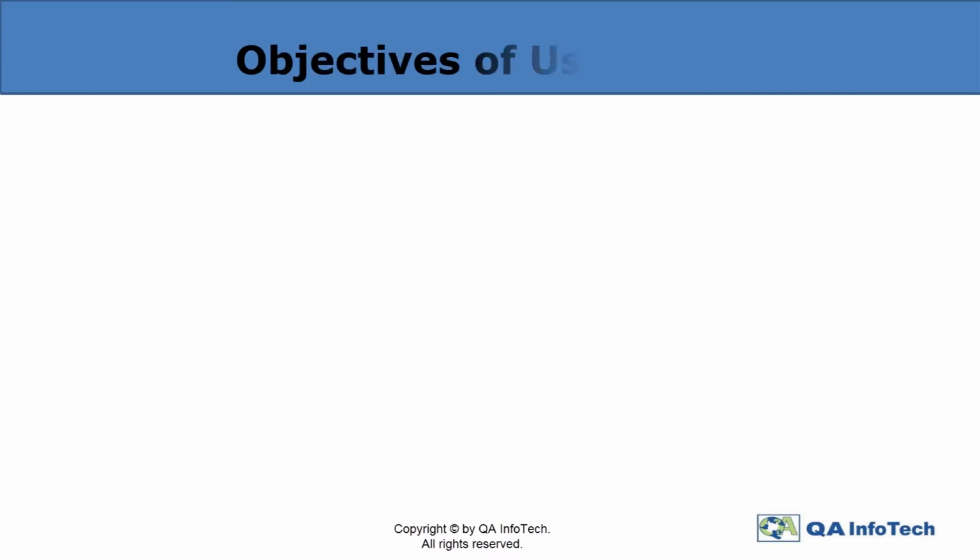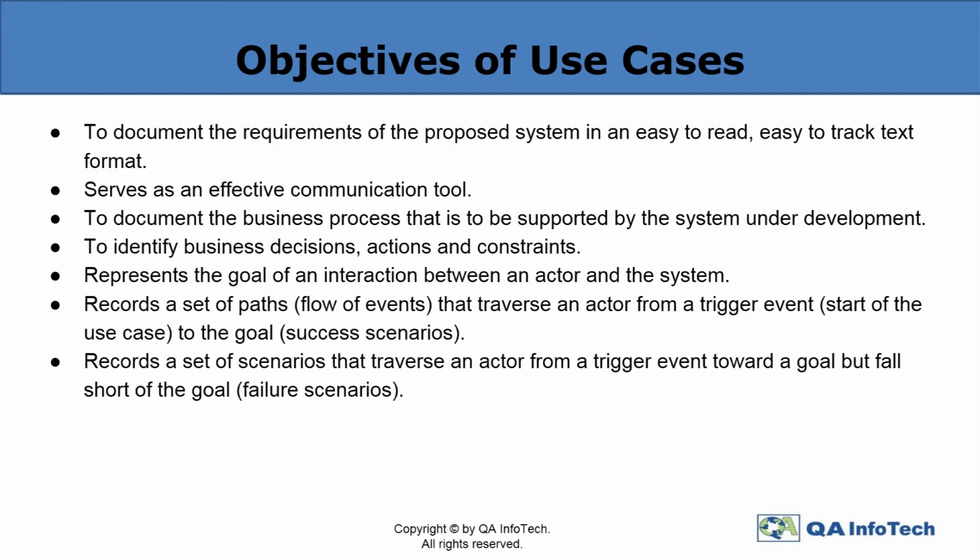Moving on to the main objectives of use cases. They are mainly to document the requirements in an understandable format, serve as an effective tool to communicate between the parties involved, document the business process supported by the system under development, identify business decisions, any respective action to be taken, or even the limitations within.